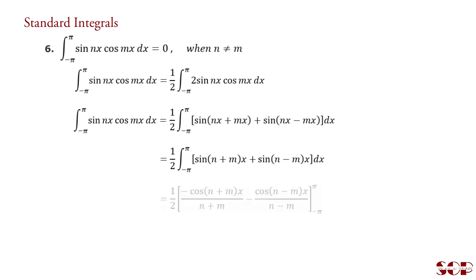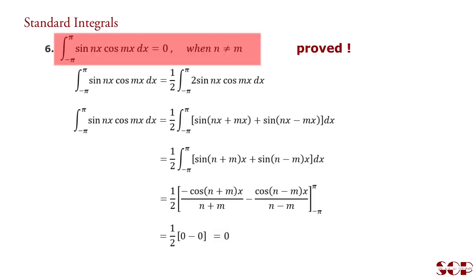So, we get the integral equal to 1 by 2 times [minus cos(n plus m)x upon (n plus m) minus cos(n minus m)x upon (n minus m)], with limits minus pi to pi. Here we put the limits of pi and minus pi, then both these terms become 0, and therefore the integral equals 1/2 times 0, which is equal to 0. This is the value of the integral.